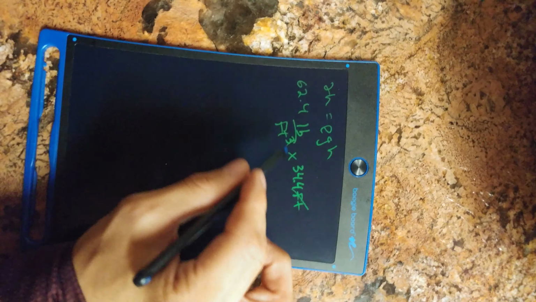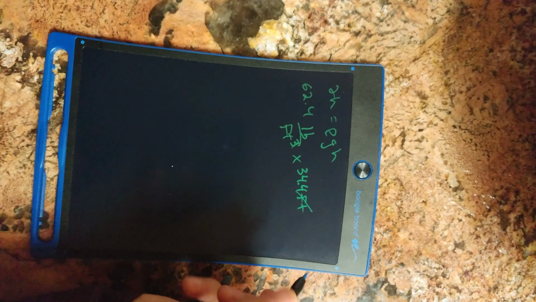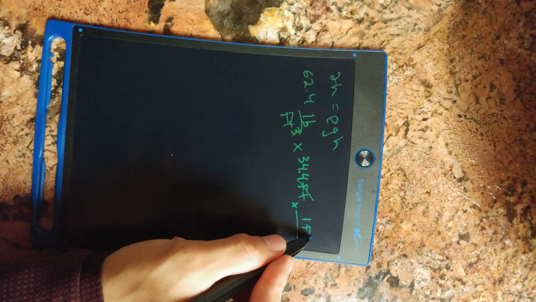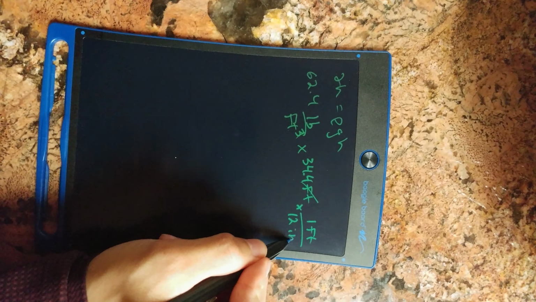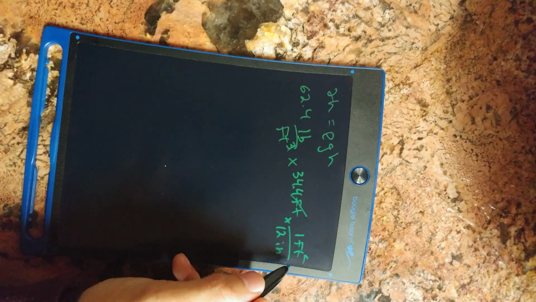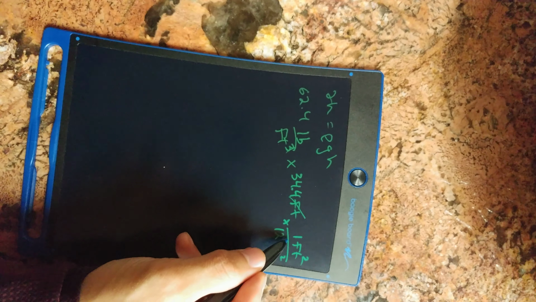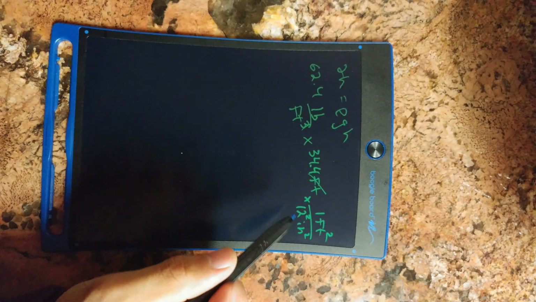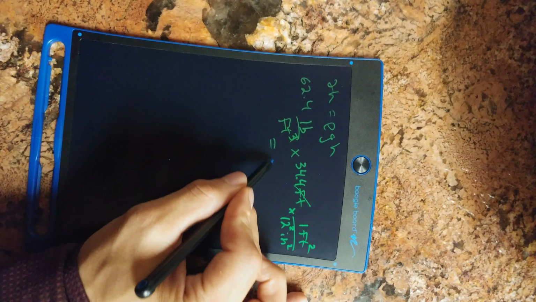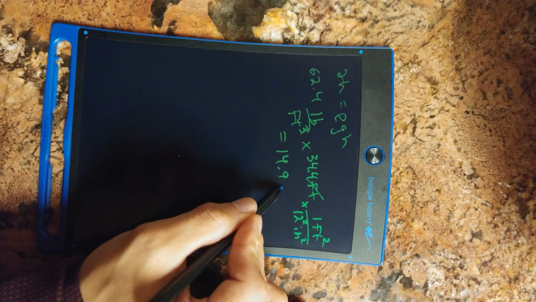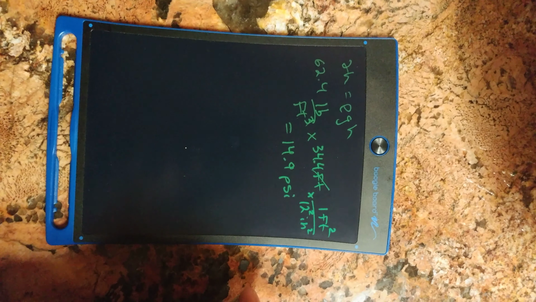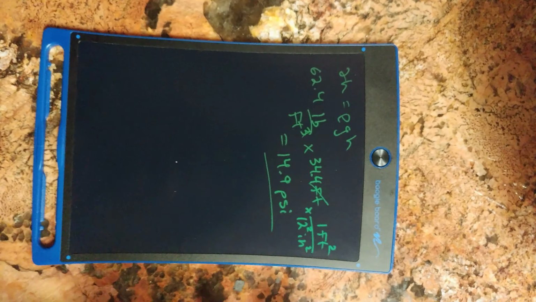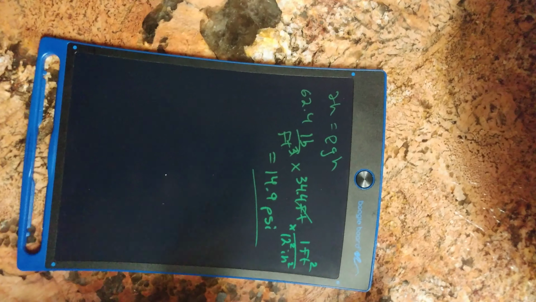So the feet cancel, so it's going to be pounds per square foot, but we want pounds per square inch. So 1 foot is 12 inches, but we have square feet, so this is squared. So 62.4 times 34.4 divided by 144 is going to be about 14.9 pounds per square inch, which is close to 14.7 psi, atmospheric pressure at sea level.